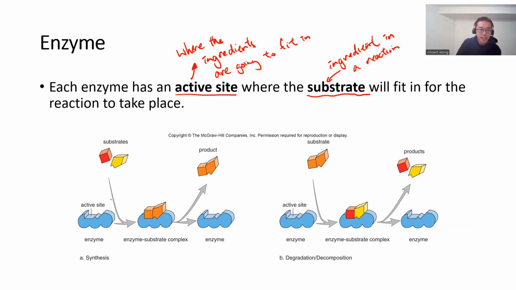So here we have an enzyme and there's the active site and these are the ingredients. So, you know, let's just say this is a glucose. And then let's just say this is a galactose. So they will fit into the active site and then the enzyme is going to do the reaction.